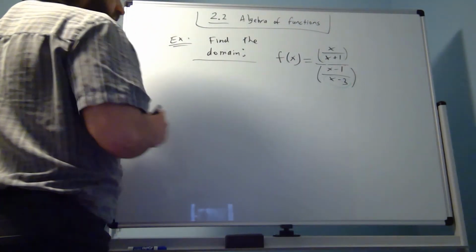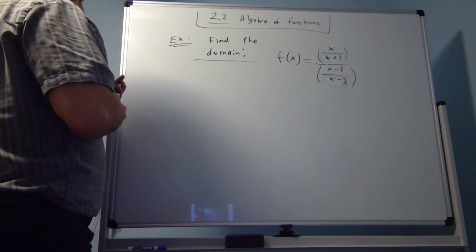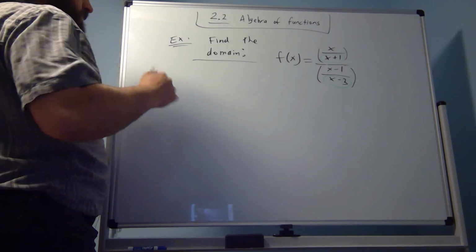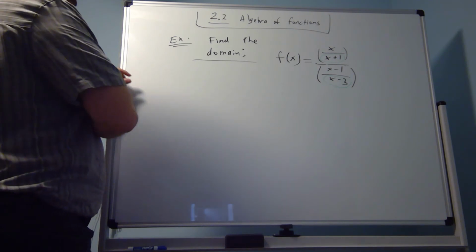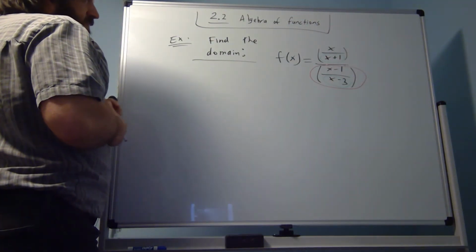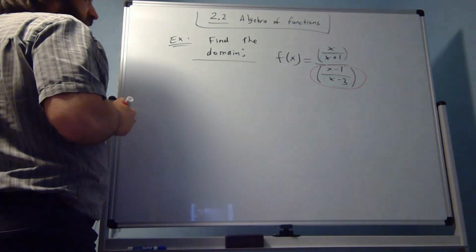But okay, so there's the little denominators. That could be equal to 0. That could pose a problem for the domain. And we've also got a big denominator, which could be equal to 0. And that essentially is going to be the x minus 1 that's equal to 0.